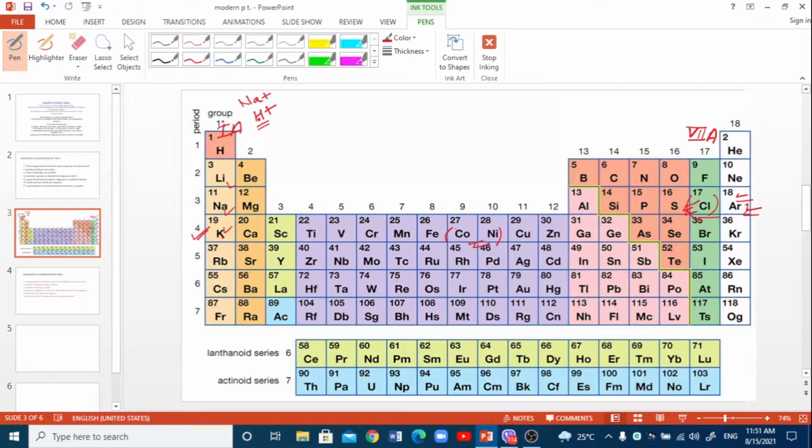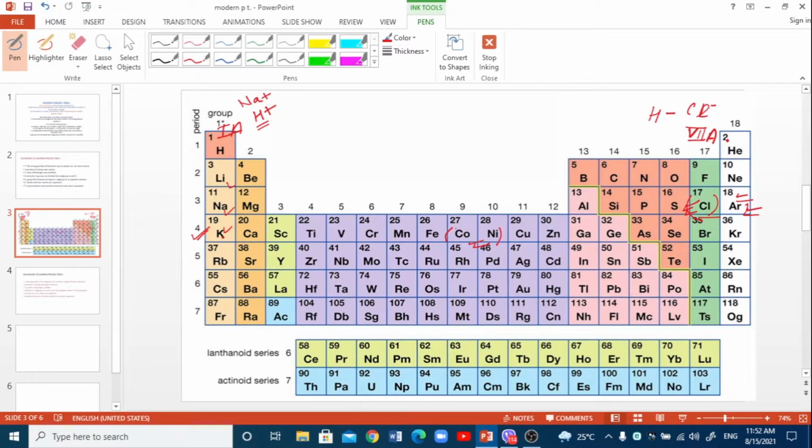So because of this reason hydrogen is kept in group 1A, and at the same time hydrogen can be kept in group 7A because it can become H minus by gaining one electron just like chlorine. So you see, because of this property hydrogen can be kept in group 7A as well as group 1A.